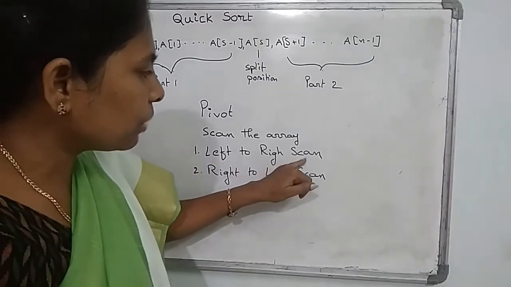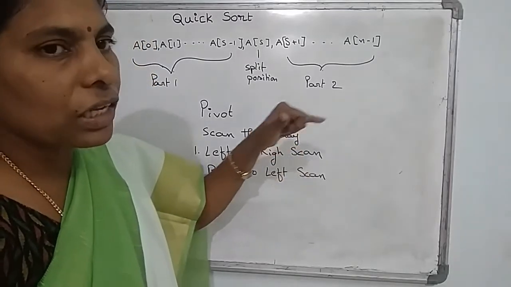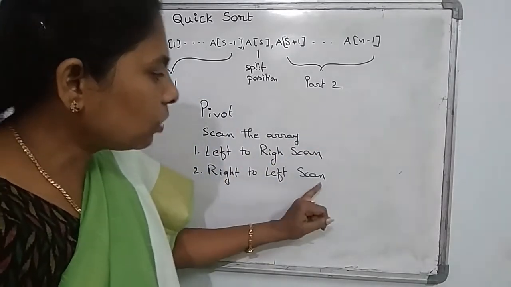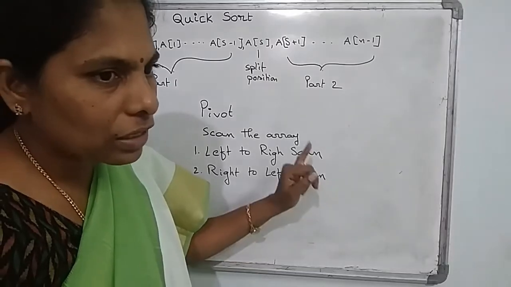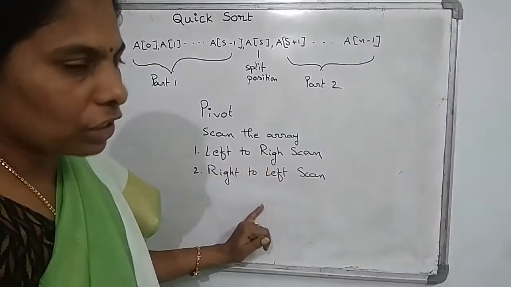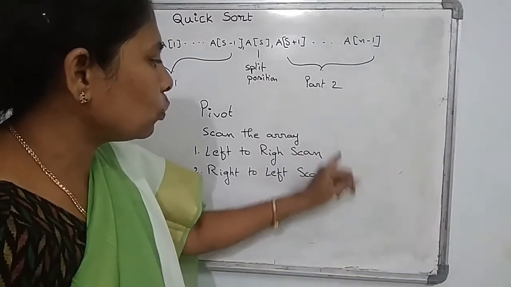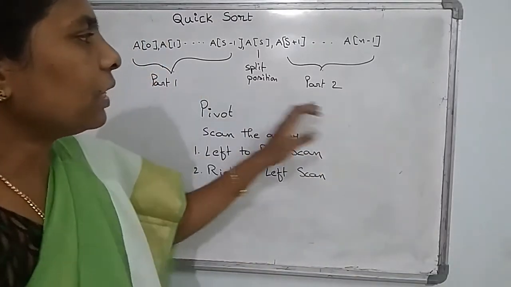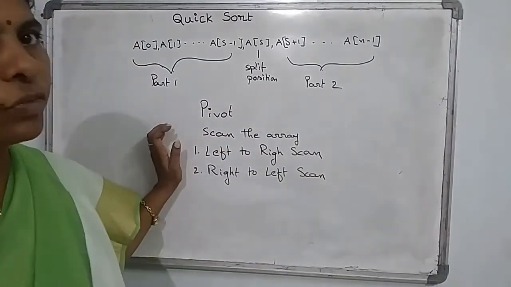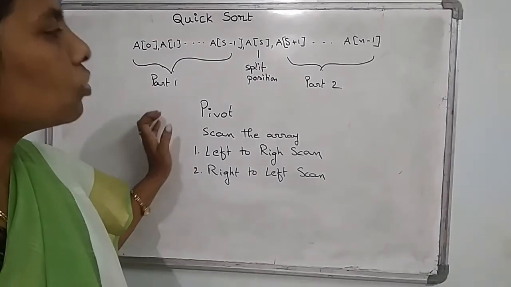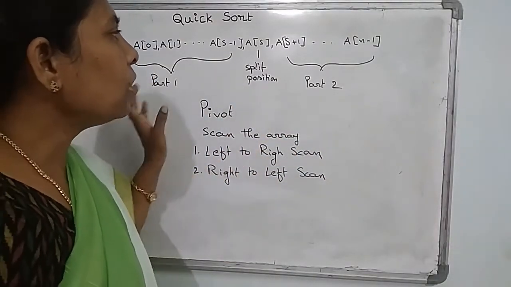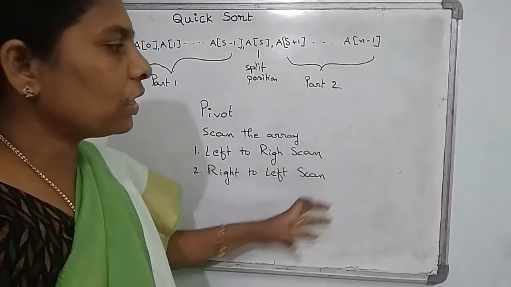In the left to right scan, you identify the first element greater than the pivot element, and in the right to left scan, you find the element smaller than the pivot element. So the two scans must be applied to the entire array. To do this, we use three processes to find the pivot position and sort the given array elements.